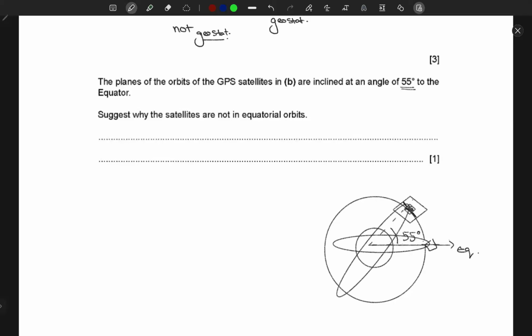This new circle that I drew with a light blue line is really the orbit that would be followed by the satellite in this inclined plane. So why do that? Why not do this in the equatorial orbit?